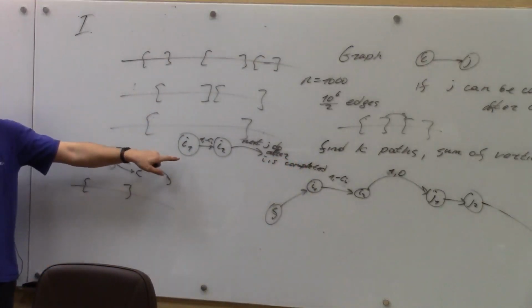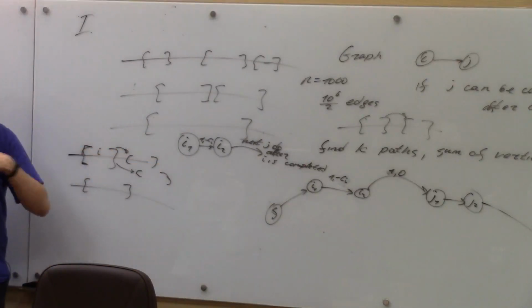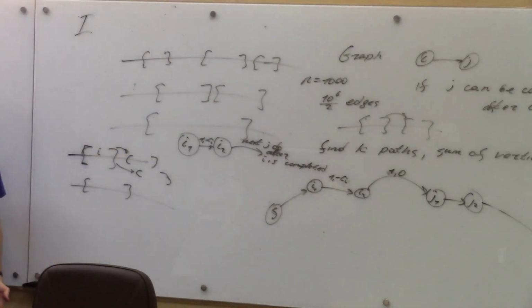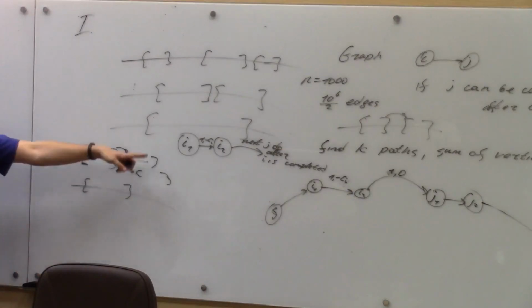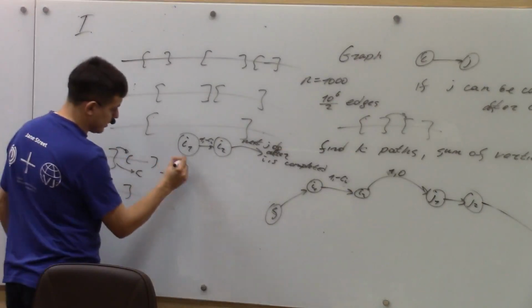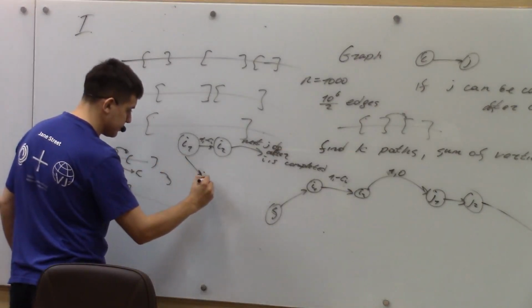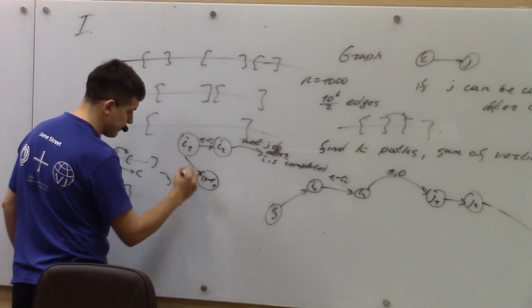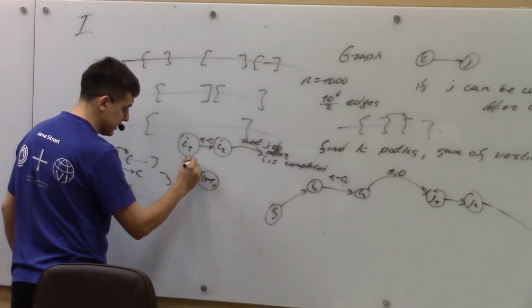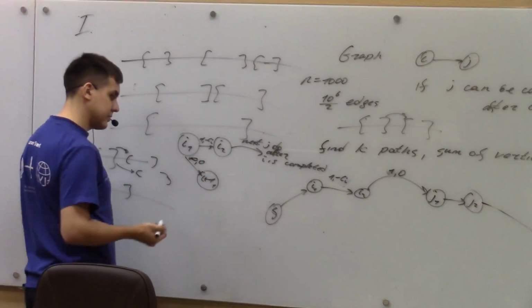Or if we go here, we can skip doing this job. That's fine. So we will go to the next job, so I plus 1. This has infinite capacity and 0 cost.